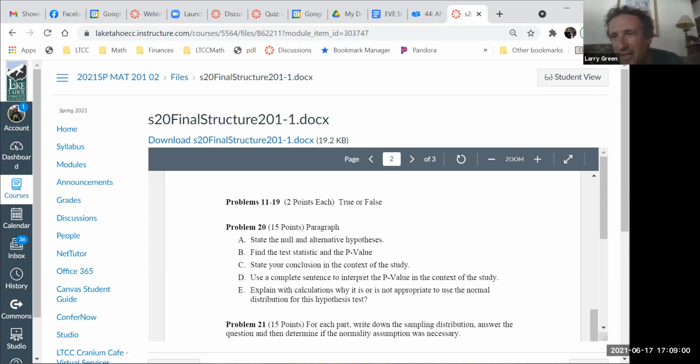Why don't I pop, yeah, I see in the chat box, people want to practice proportions. Okay. Let me do that first, and then I'll do a probability problem too, but a little later. So let's practice the proportions question. And one of the parts will be explain why it is or is not appropriate to use a normal distribution.